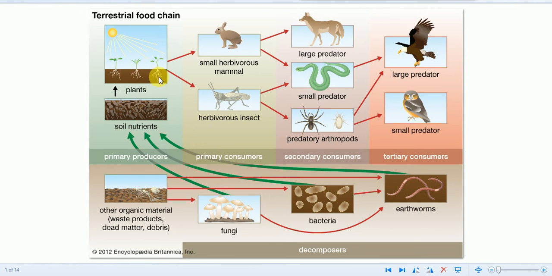In this case also, it starts with plants, then we have this sequence, and in between we have herbivores. So this is another example of a grazing food chain.